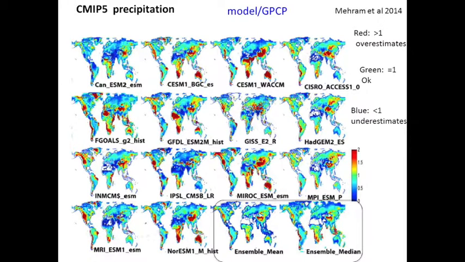So here is the Ensemble Mean and Ensemble Median. The Ensemble Mean is just taking the average of all models. And the Ensemble Median is a ranking of the values of the models, and then you take the middle of this ranking. So it's a little bit different from the Ensemble Mean.